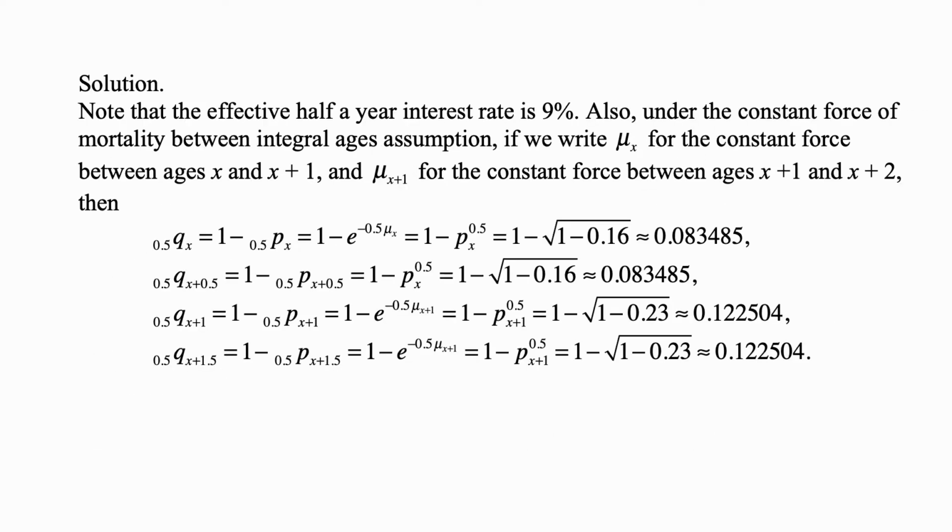And here's the solution. Note that the effective half-a-year interest rate is 9%. Also, under the constant force of mortality between integral ages assumption, if you write mu x for the constant force between ages x and x plus 1, and mu x plus 1 for the constant force between ages x plus 1 and x plus 2, then 0.5 qx is equal to 1 minus 0.5 px, and that's equal to 1 minus e to the minus 0.5 mu x, which is 1 minus px to the power 0.5.